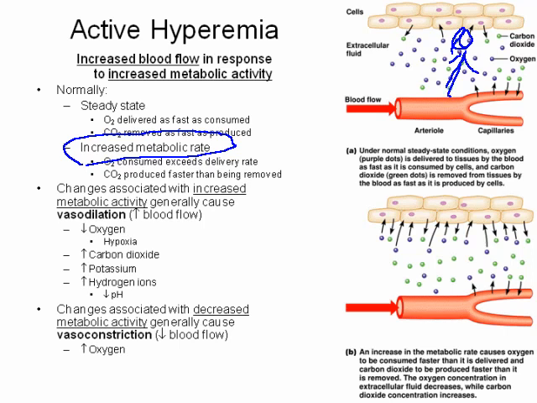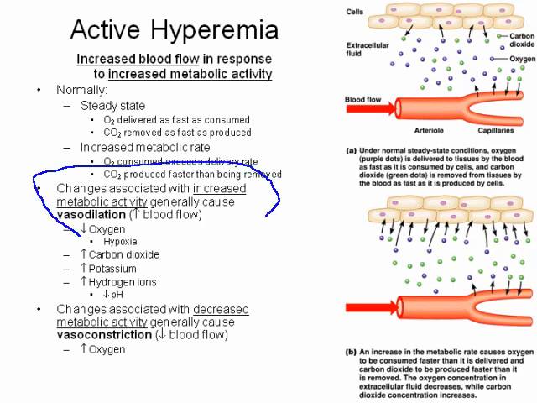So we need to provide more oxygen to the tissue. And of course, the CO2 production is increasing. So we need to have more blood flow to remove the CO2. So active hyperemia, these changes associated with increased metabolic activity cause vasodilation. Vasodilation, of course, means increased blood flow, hyperemia.